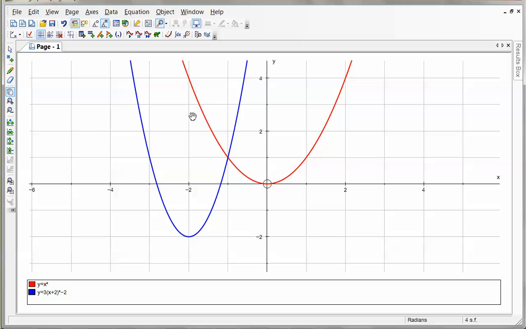Can you see now that the completed square form of a quadratic is useful? The vertex is always at 0, 0 when it's just x squared. With the plus 2 and the minus 2 in the function, which point is the easiest to translate?